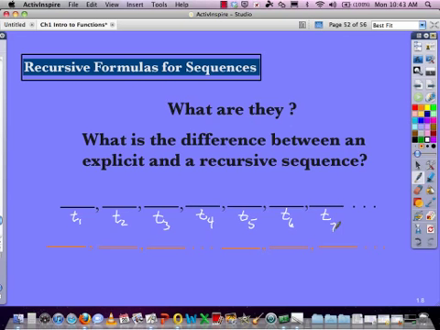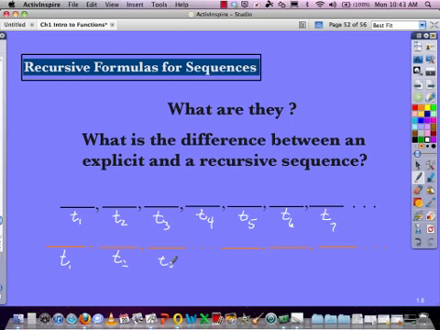We could still do t sub 1, t sub 2, t sub 3 in naming our terms. However, with this next one, because we did the dot, dot, dot, you do not know how many terms we've bypassed.